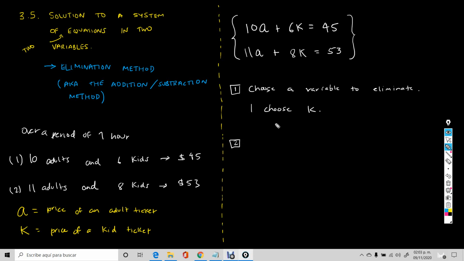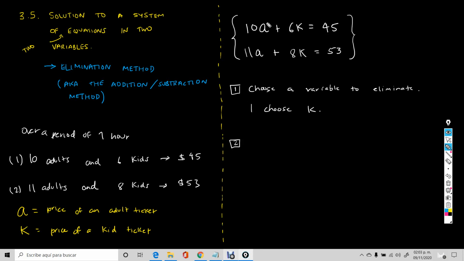Second step. What you will do is this. If you observe, the variable in the two equations has a coefficient, right? In this case, this expression has a coefficient of 6. And this other expression with k, your variable that you want to eliminate, has a coefficient of 8. Well, what you need to do in the second step is this.